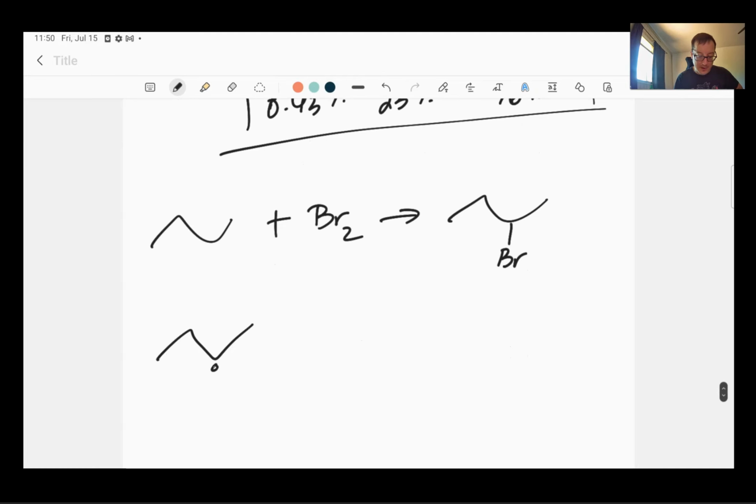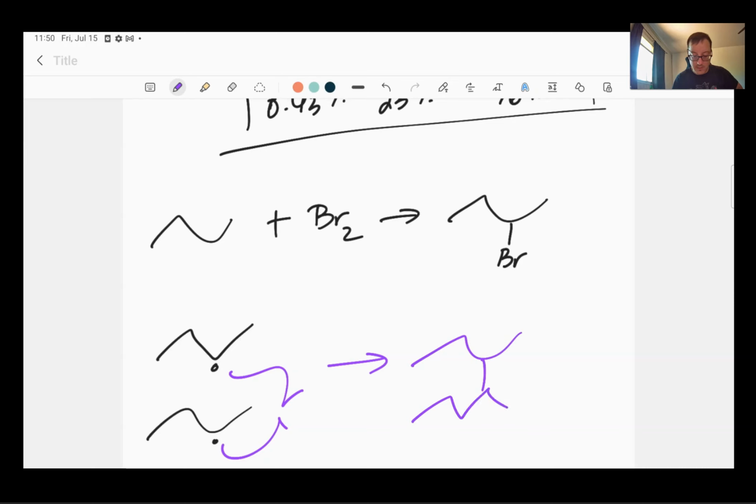In termination, all sorts of weird things can happen. You could have two of these radicals coming together, forming some weird product. You typically will not show the bromine radical in this step. Things like this usually happen in termination. That's where you get your side products. So, best to show it in propagation.